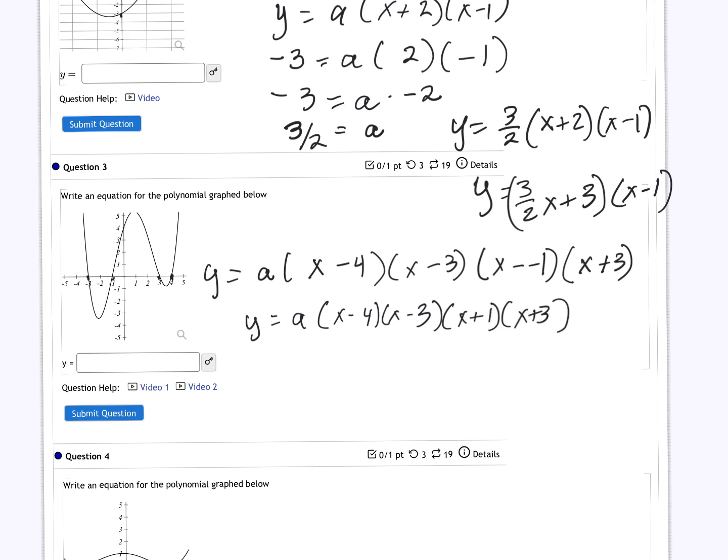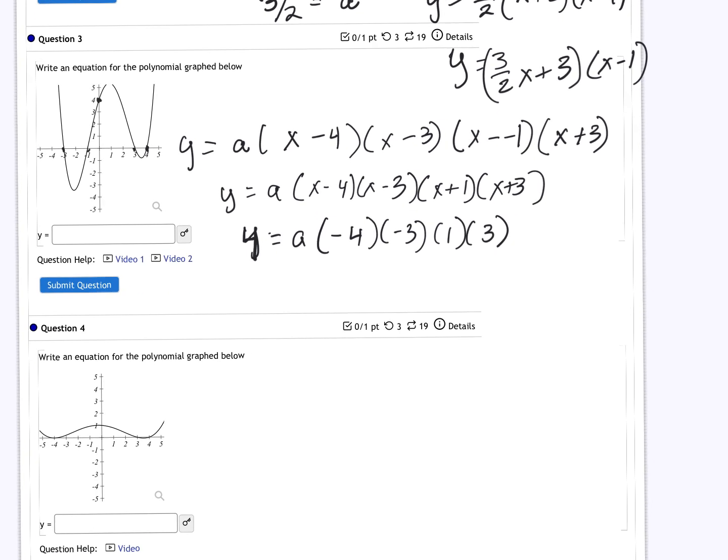Now I can use this point here, 0, 4, put a 0 in. 4 equals a times -4, -3, 1, 3. 4 equals a times 12 times 3 is 36. Therefore, a equals 1/9.